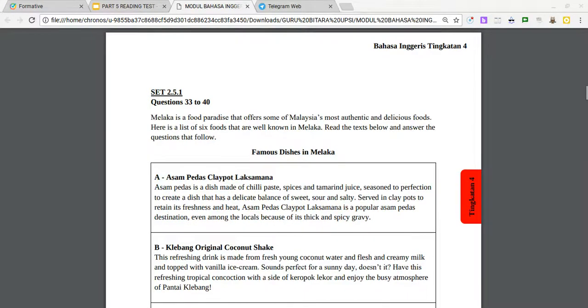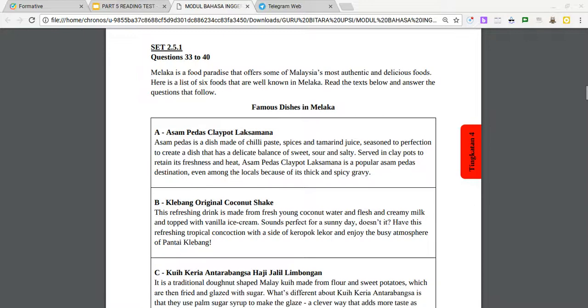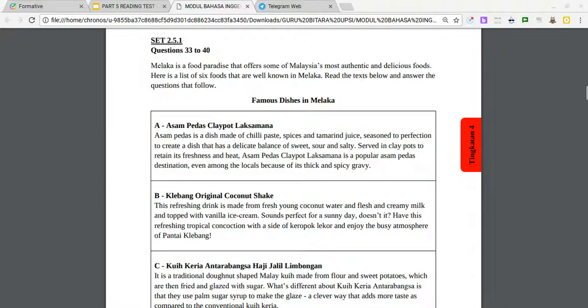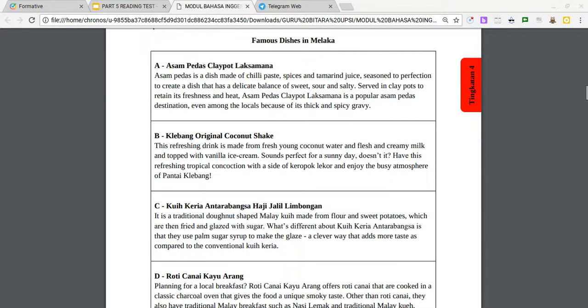They will give you a set of information, a text containing information for you to process and comprehend.